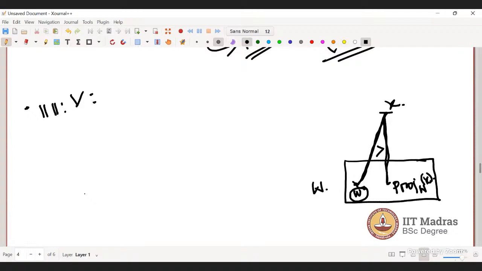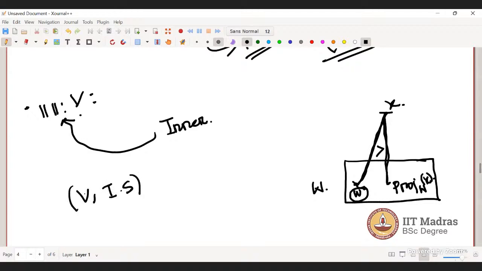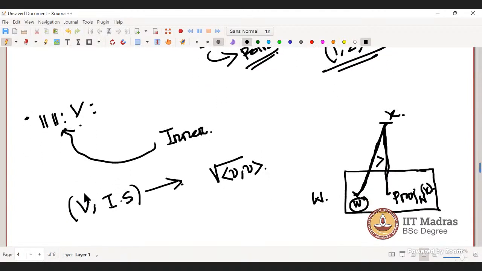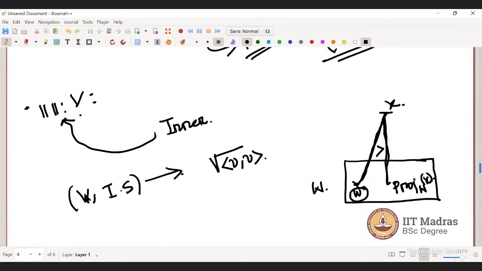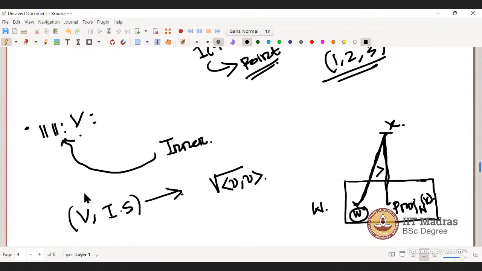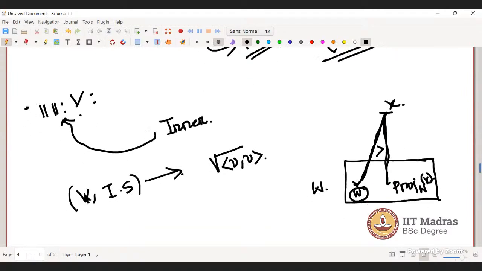You are asking whether I can define some inner product so that using it I can get this norm. I'll come to this; just give me some time to complete, because it will take a few minutes.